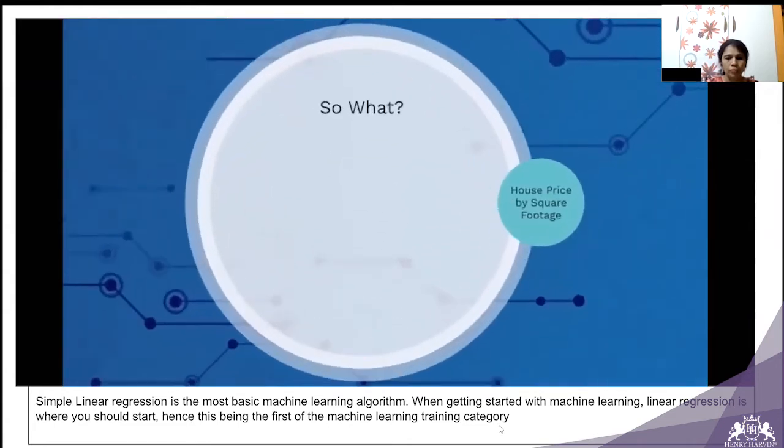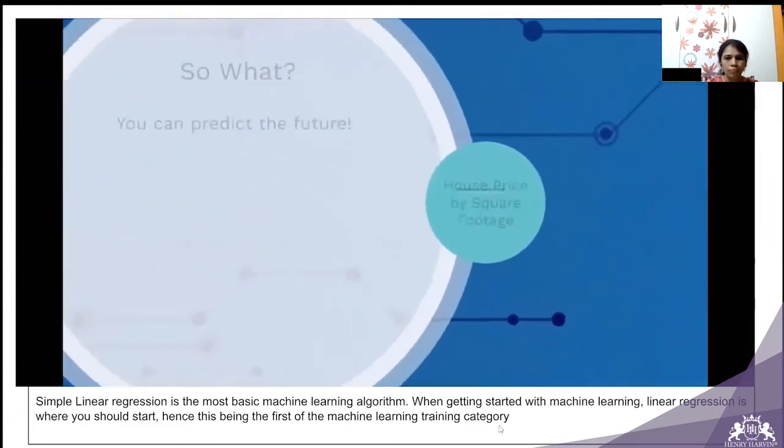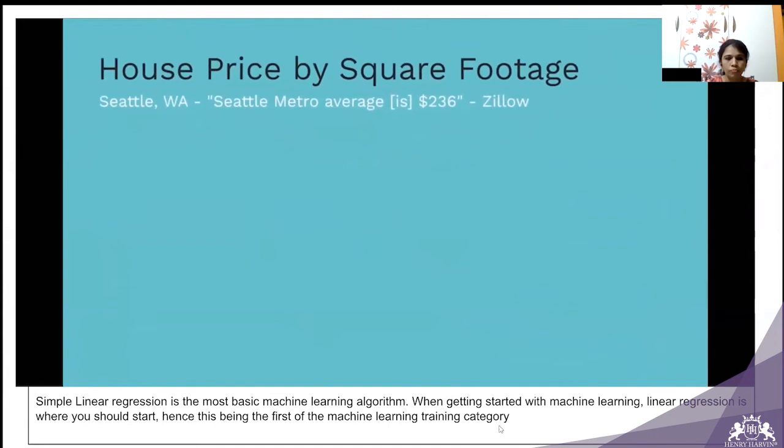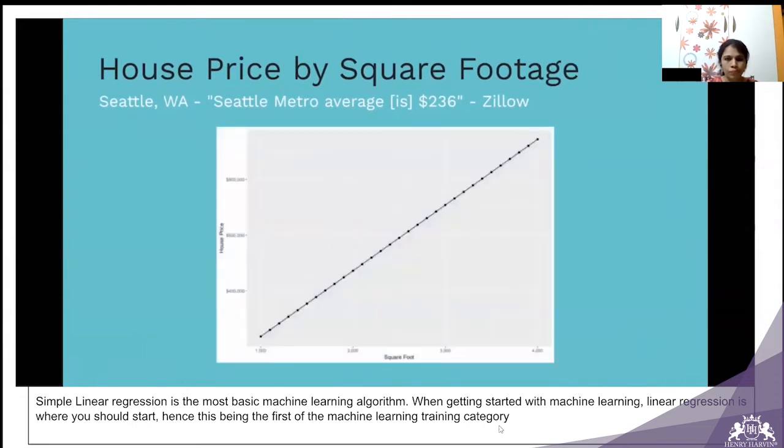Let's use a real-life example. Let's say we're trying to predict the house price given the square footage of the home. In Seattle, Washington, according to Zillow, the average value is $236 per square foot. If we were to graph this, it will look like this.